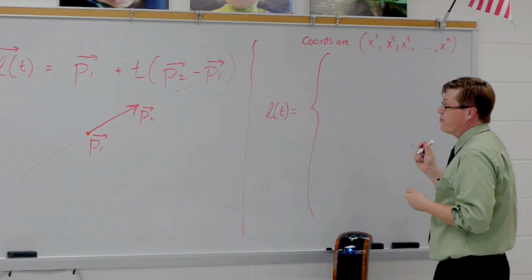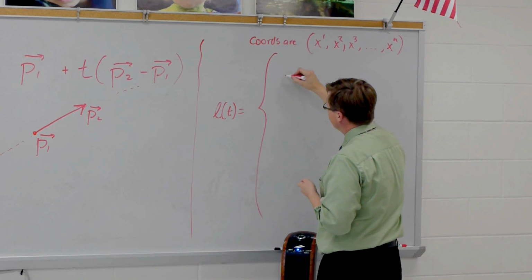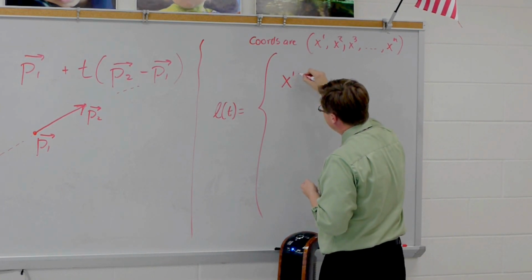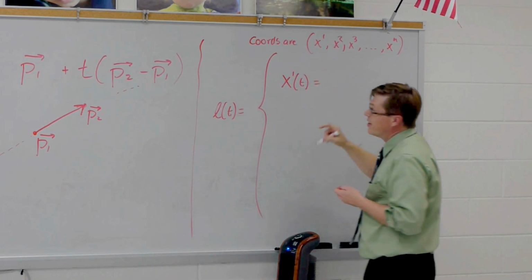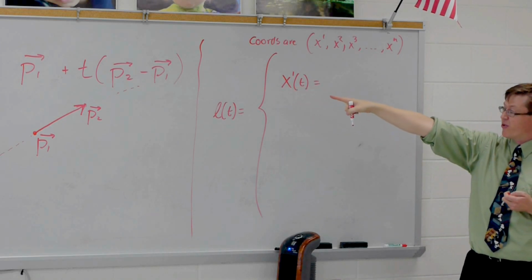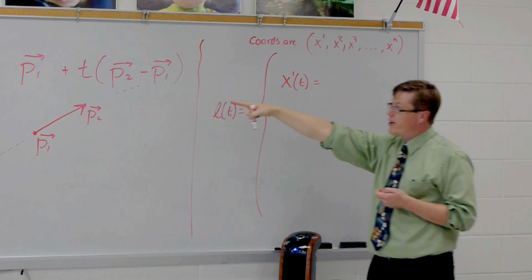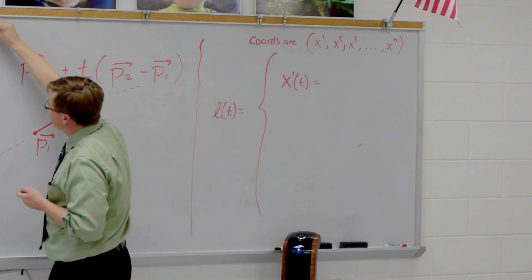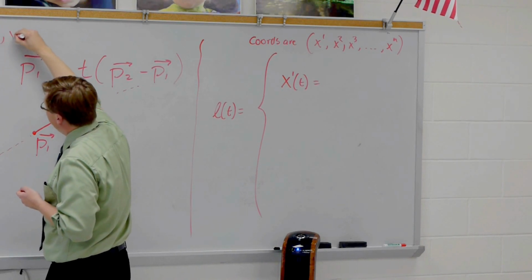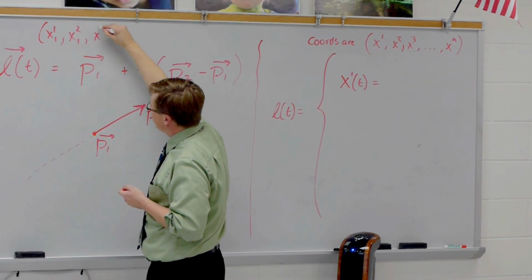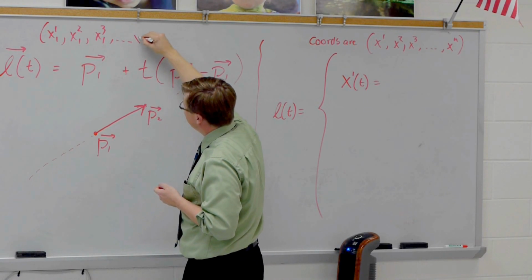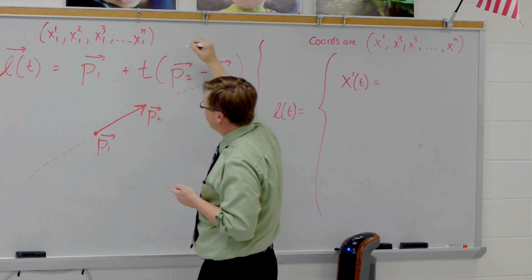And I'll show you what the first one is. So if I expand this over here, what is P1? It's just an x1, and an x2, and an x3, all the way up to xn1.